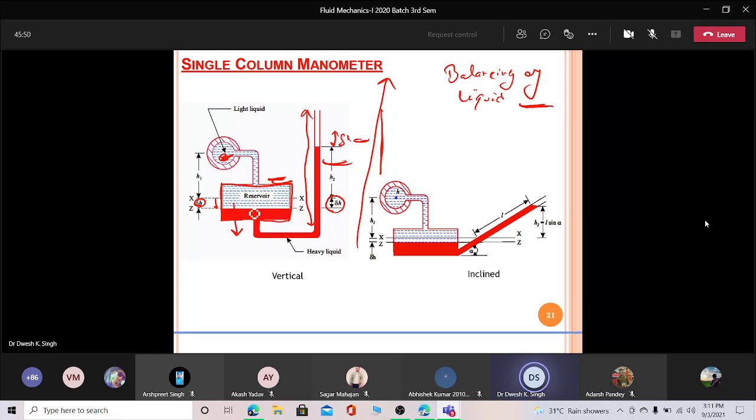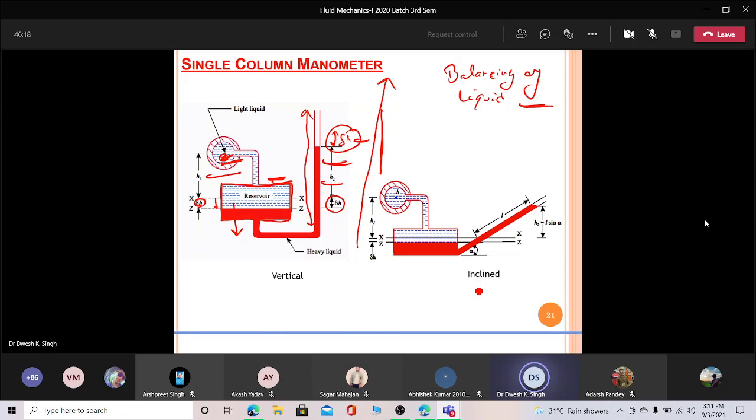So to give a large increment, the pressure should be very large, because the large reservoir will contain more liquid. And due to this, there is a very small change. So this is how we are upgrading this manometer to measure some high pressure. The rest is the same, like the balancing of this fluid and this fluid will give you the pressure. The same concept.